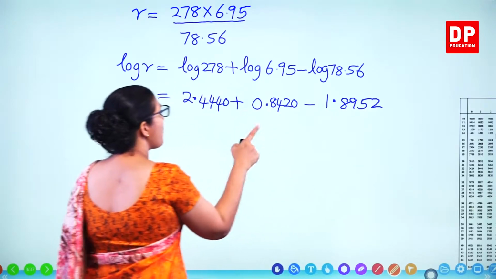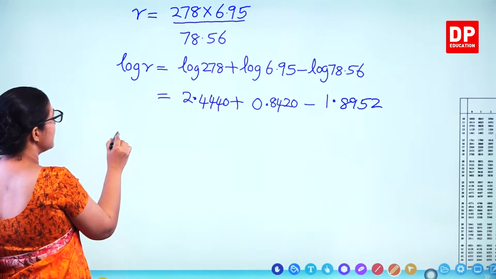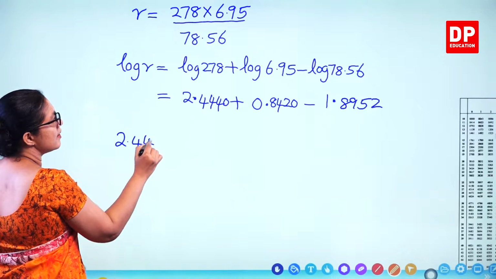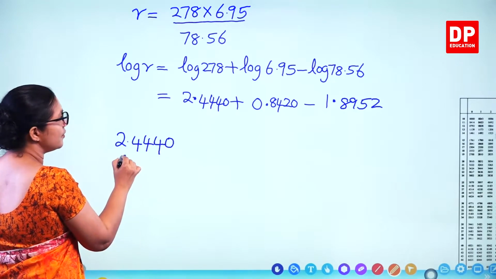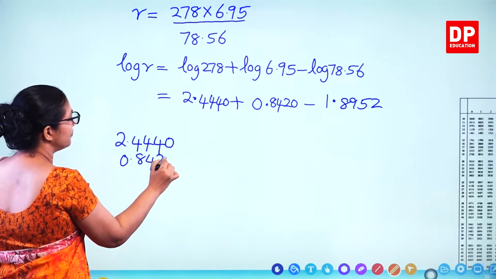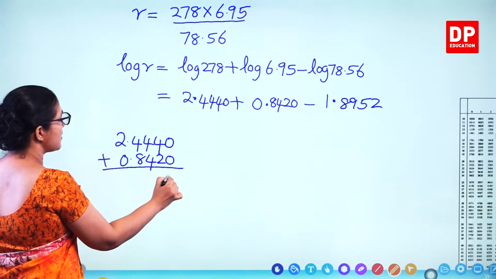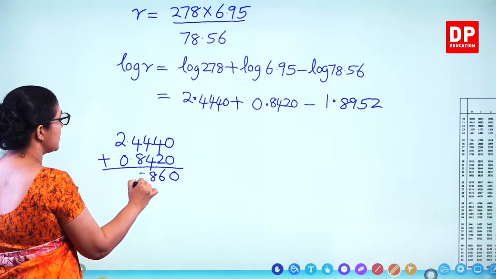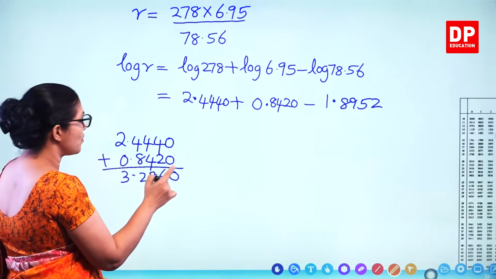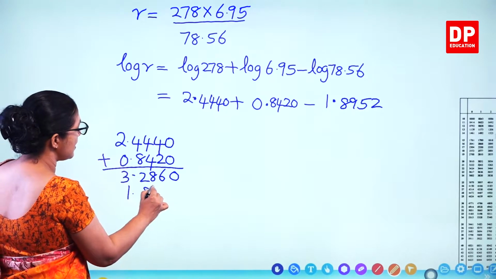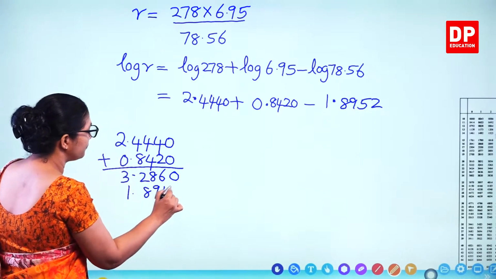Now what you do? First we'll add and then subtract the value. First we'll add this 6, 8 and 3. Now subtract 1.8952.